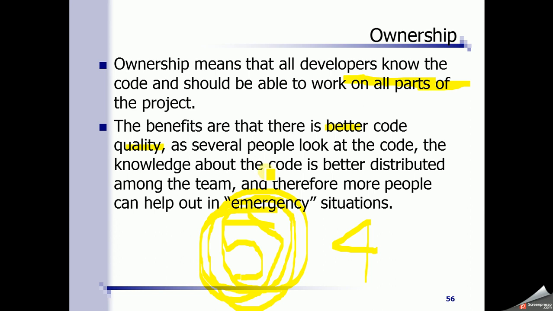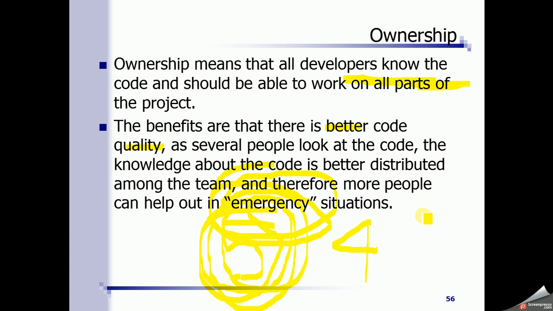And another benefit is that if we have an emergency situation, there are more people who are available. Let's say the project has been delivered, and now suddenly there is a new bug discovered. So now we have more people who are available to fix that bug, because all of them have knowledge of the code.